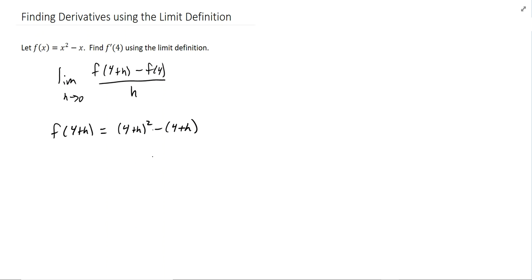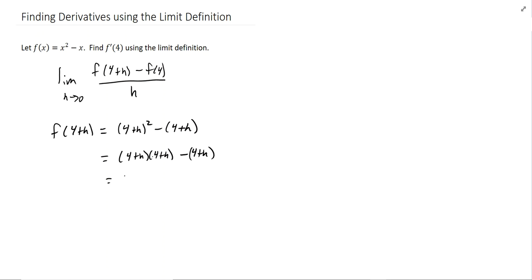And so we have to be careful. We've got a negative inside there, and then we also have to distribute. Remember that x plus h, or 4 plus h squared, means 4 plus h times 4 plus h. And we have to distribute that out. We have to use the extended distributive property, or the FOIL method might be doing that.